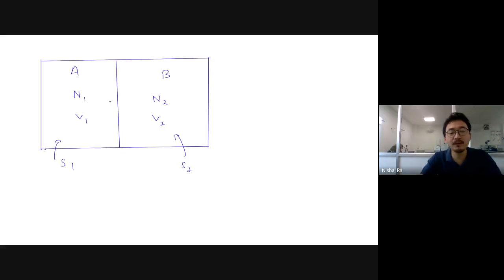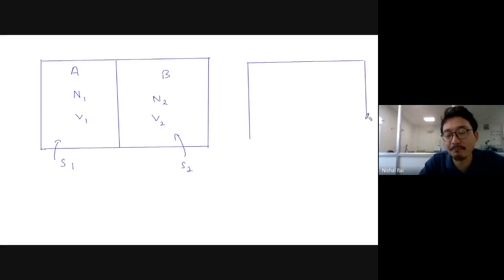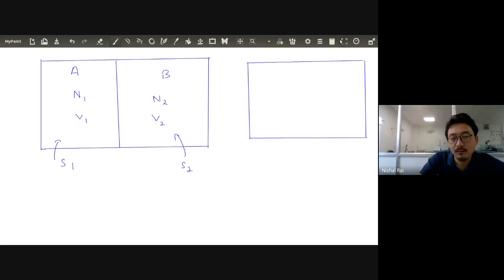Now if you open this compartment between these two and allow the two particles to mix, what will happen? Will the entropy increase or decrease? Because the gases now start mixing. Is this point clear?